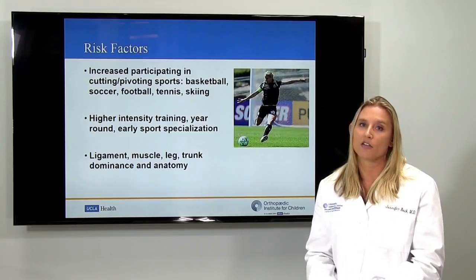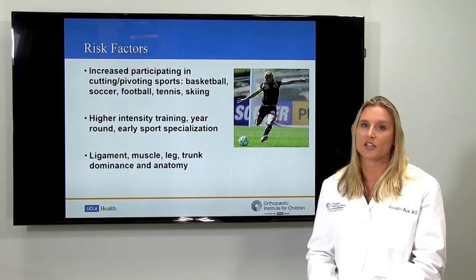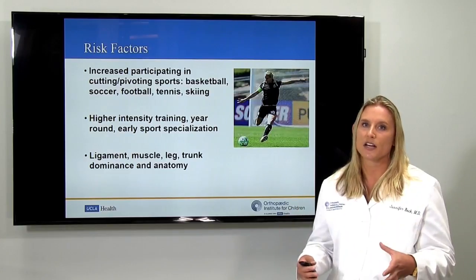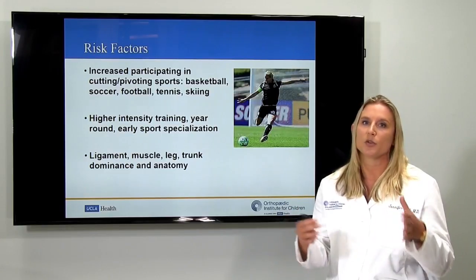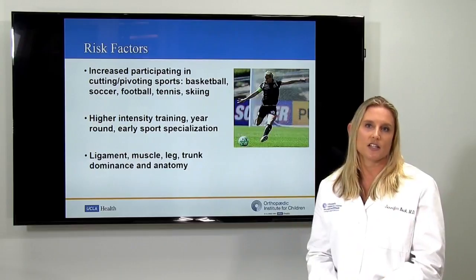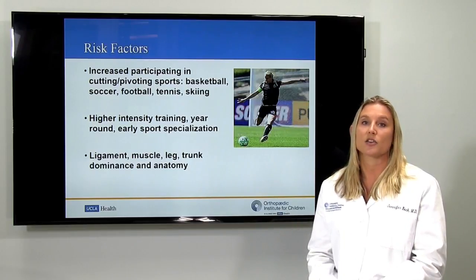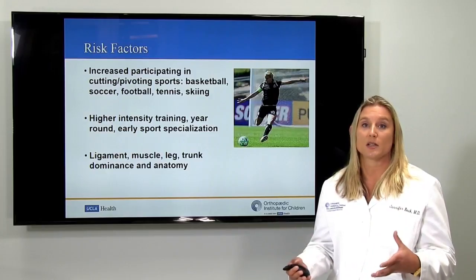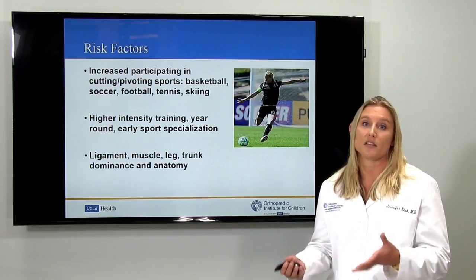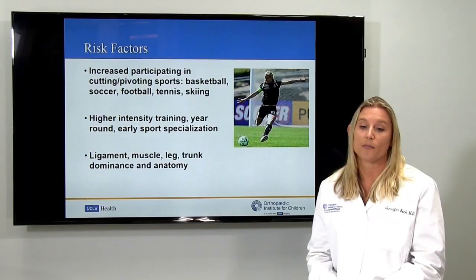We also know all of our athletes, even starting at very young ages, are getting into intense training cycles with multiple coaches, multiple teams. The pressure on these kids is tremendous to keep participating. And we do have several very good studies showing this increase in sports participation is increasing the rate of these injuries and injuries in general.